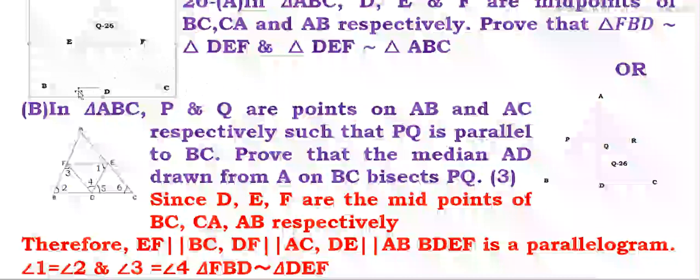So EF parallel BC, DF parallel EB, and ED parallel AC. So all will be parallelograms: EFDB parallelogram, EFDC parallelogram, AEDF parallelogram. So in a parallelogram both triangles will be similar.